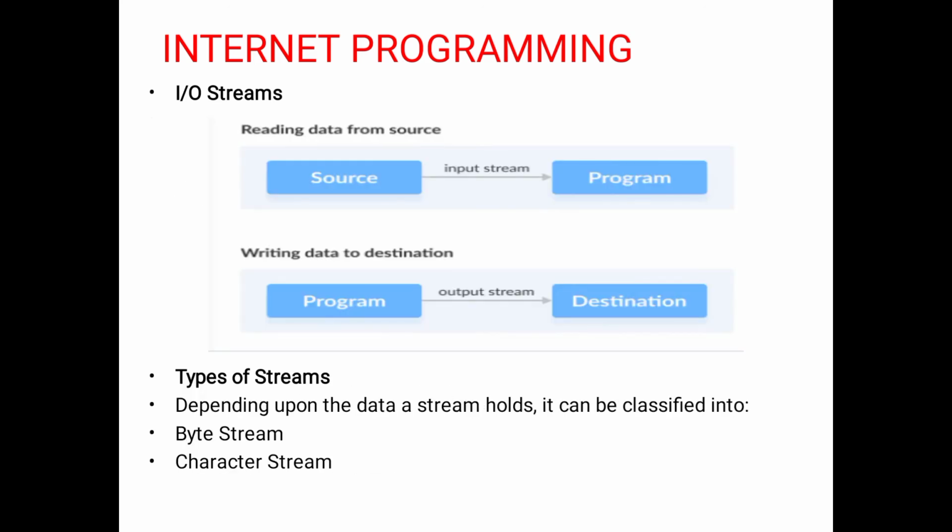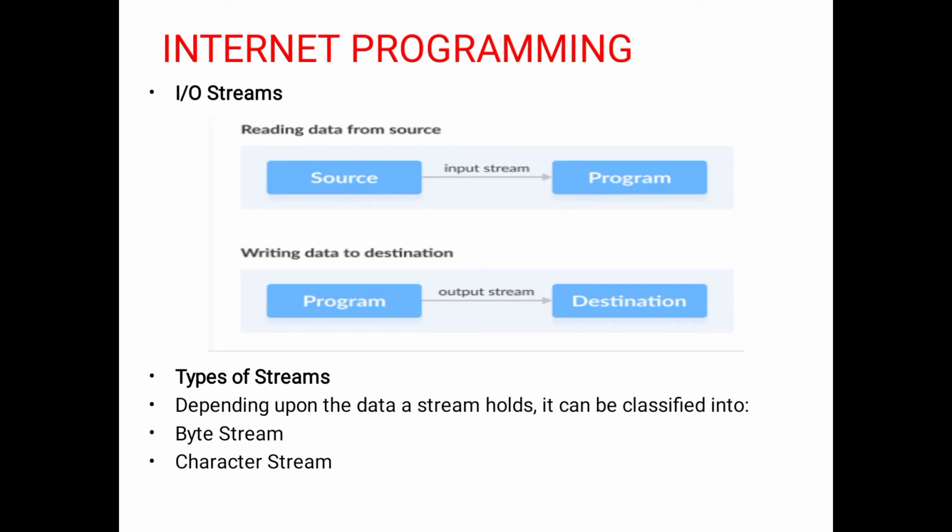With the input stream, you read the data from the source into the program, and with the output stream, you write from the program to display the data at the destination. That is the concept.